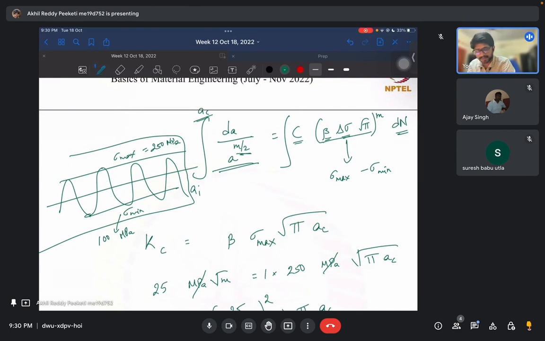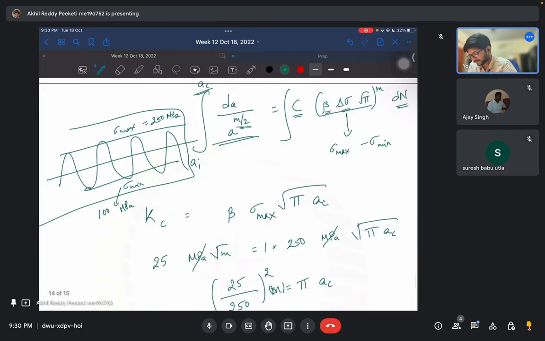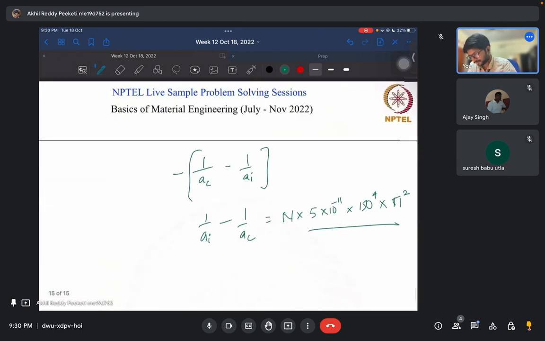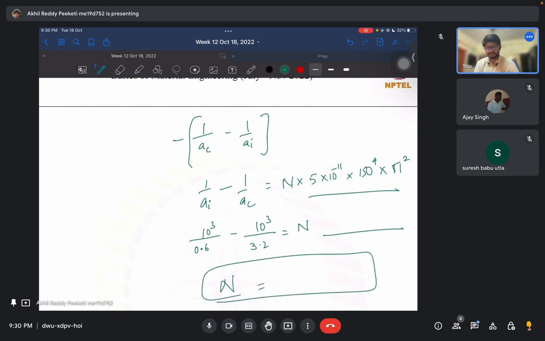Delta K power m, right? Delta K is beta delta sigma root pi a, whole power m, so delta sigma power m will come. So 1 by a_i, 0.6 into 10 power minus 3, so 10 power 3 by 0.6 minus 10 power 3 by 3.2, is equal to this entire thing. This way you will get the number of cycles you need.